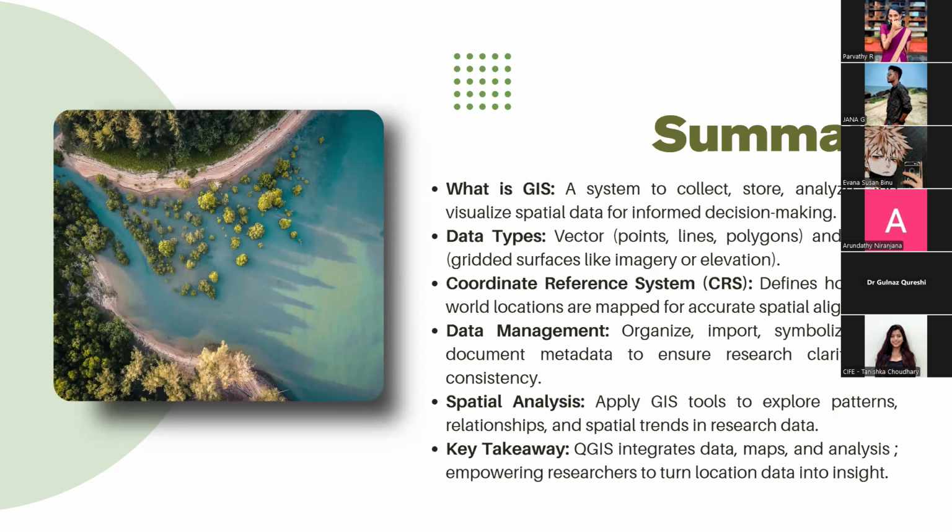Then coordinate reference system, which defines how real world locations are mapped for accurate spatial alignment. We will see the data management tomorrow. Then spatial analysis applies GIS tools to explore patterns, relationships, and trends in research.